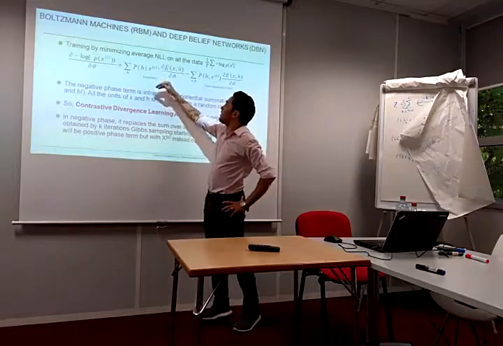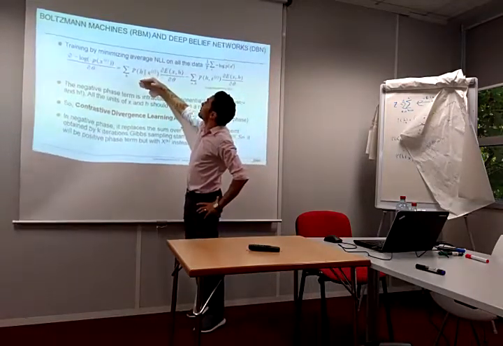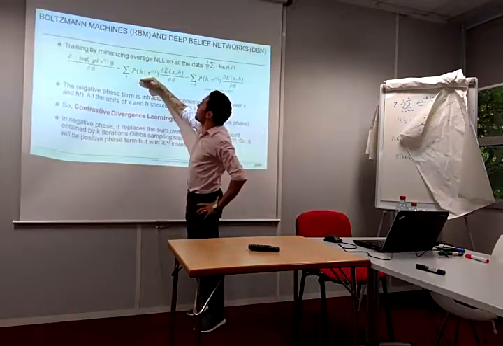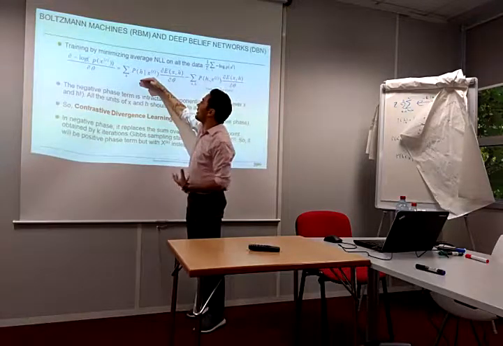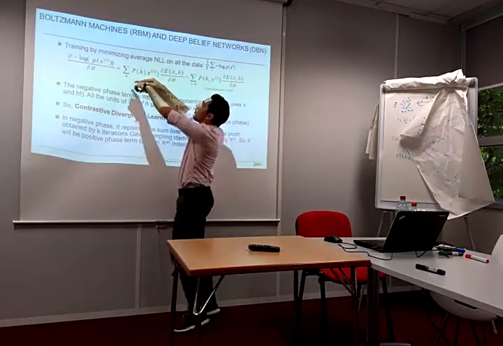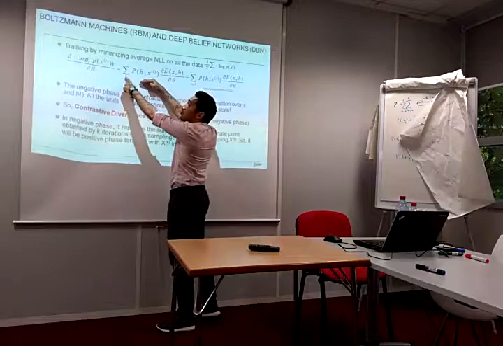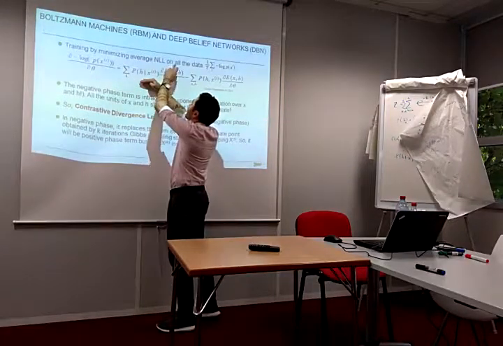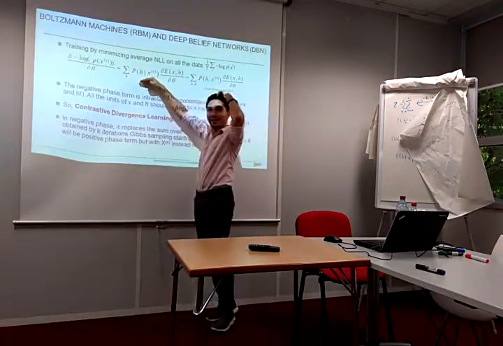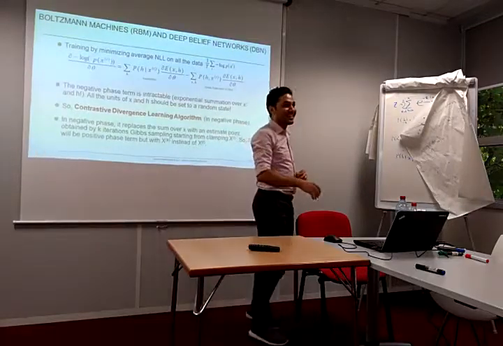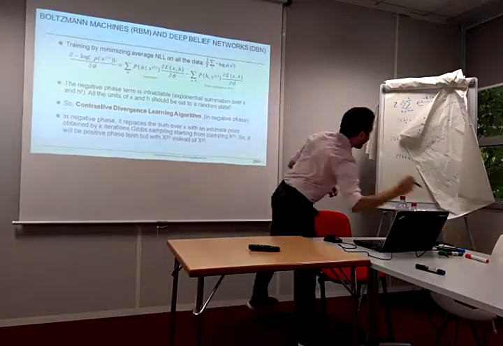Is anyone familiar with the term here? When we multiply some probability over all the values of it and multiply with some number, what is this? Yes, it is the expectation.